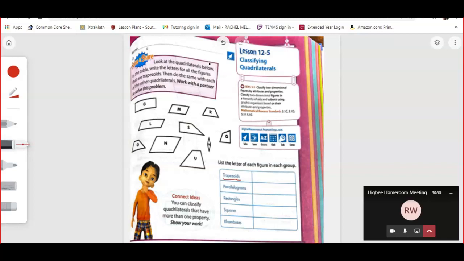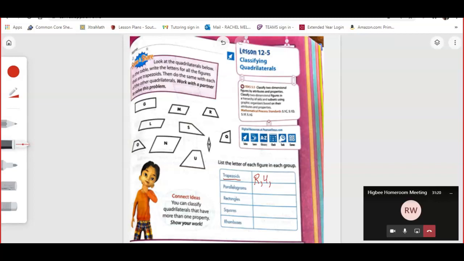All right, so everybody raising your digital hand, which of those shapes do you think are trapezoids? Israel, give me one. R. I would agree with that. Anthony, give me another one. U. Yes.